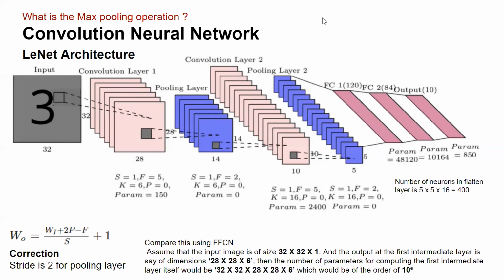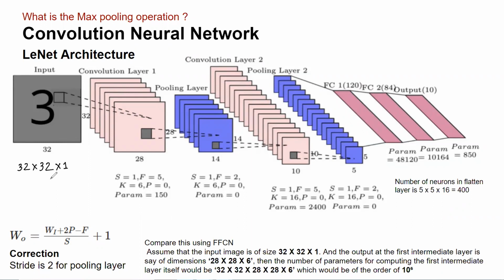So this is my input image, and the dimension of this input image is 32 cross 32. Since this is not a colored image, the channel is 1. Now I am having a kernel. First of all, I have to apply the convolution operation.